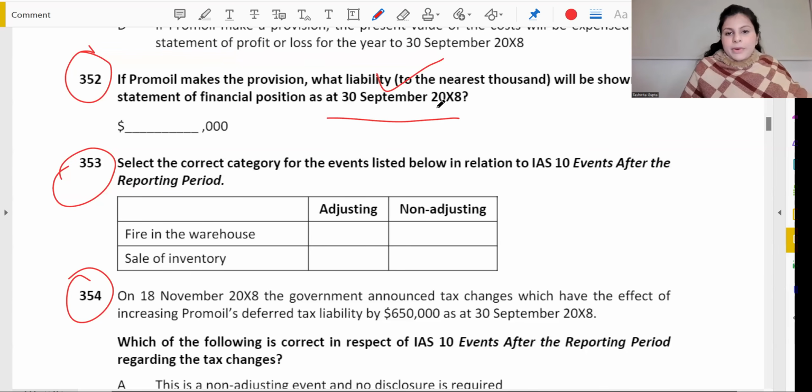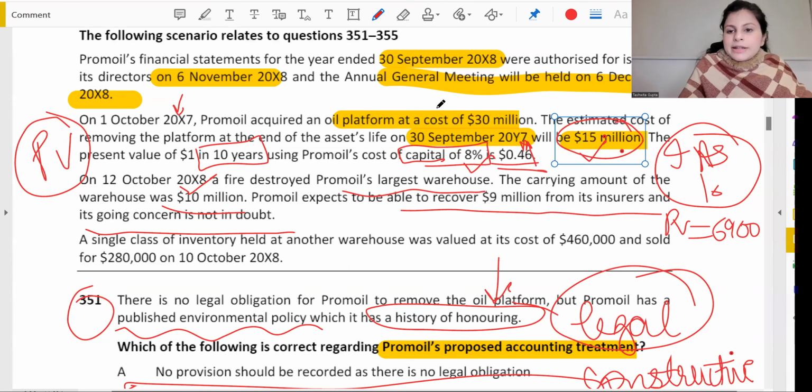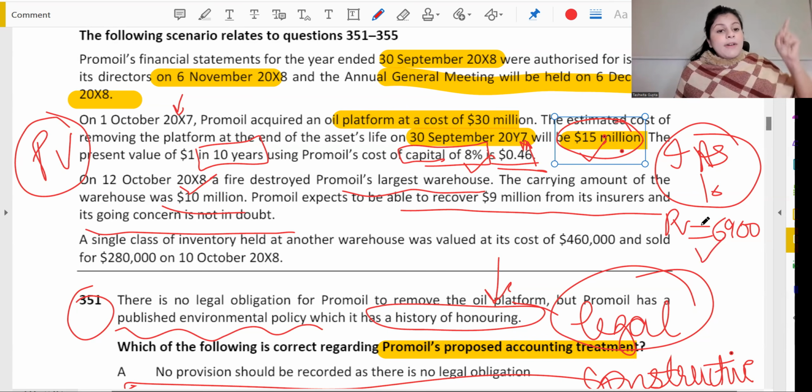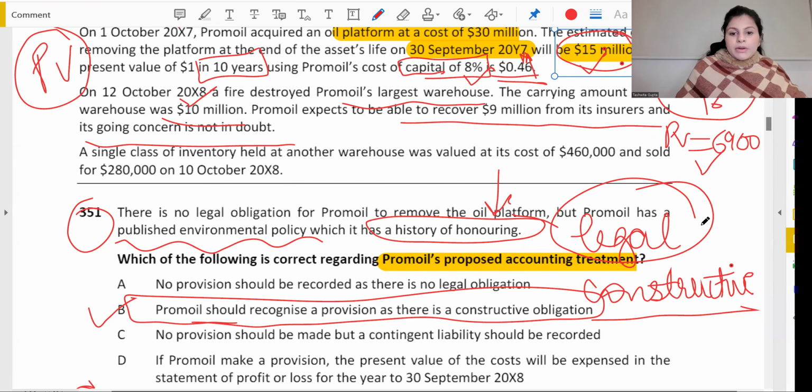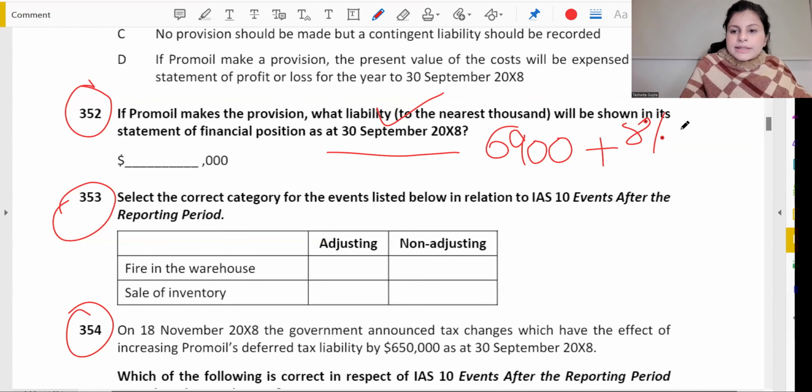Next. If Promoil makes the provision, what liability will be shown in its statement of financial position at the year end, 30 September? So on 1st October, guys, you calculated the present value to be 6,900. They are asking you 1 year later. So you need to unwind the interest, because who's the sibling of present value? Unwinding of interest. So what will be my unwinding of interest? I'll say my total provision at the end will be 6,900 plus 8% of 6,900.